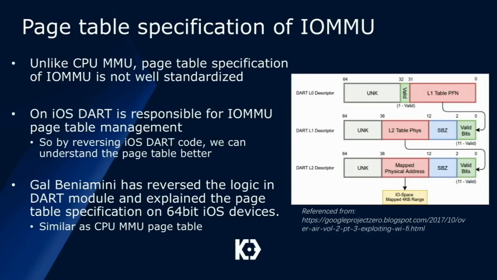So you have to reverse the iOS startup code to find out the specification. And we did that too. And coincidentally, Gao from Google Project Zero also did similar work. Here I just post a picture written by him on the right side. You can see that it has a very similar specification to the CPU MMU.